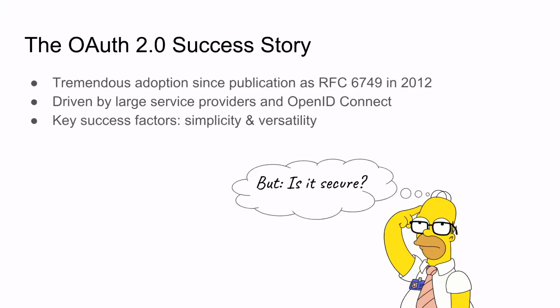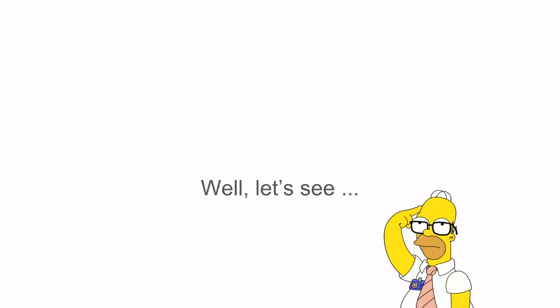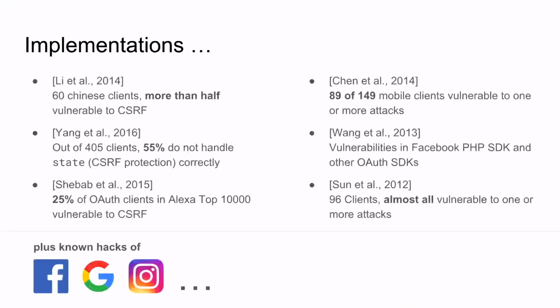Well, let's see. Let's start with the OAuth implementations, with clients, authorization servers, and resource servers. If you look at the existing research in that area, and this is also confirmed by what you experience when you see the implementations, many implementations contain flaws.